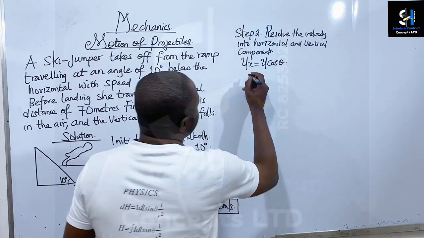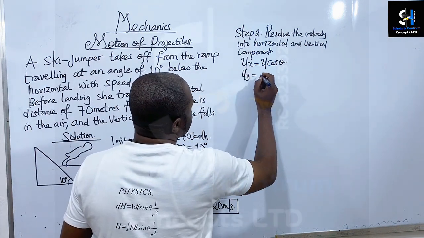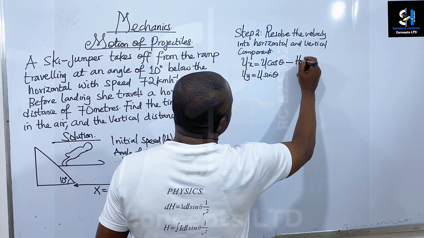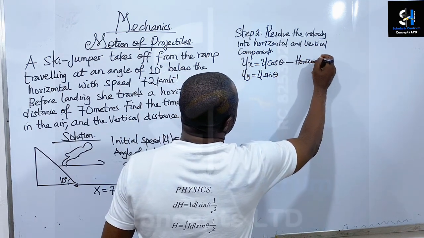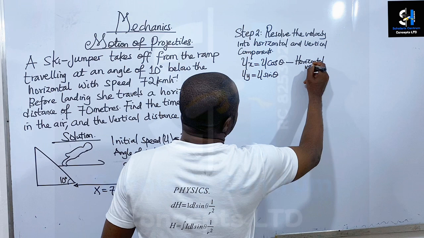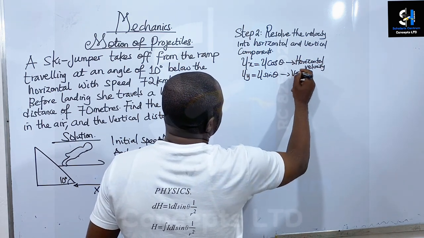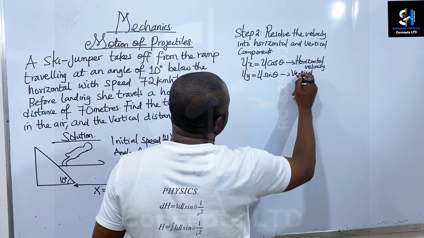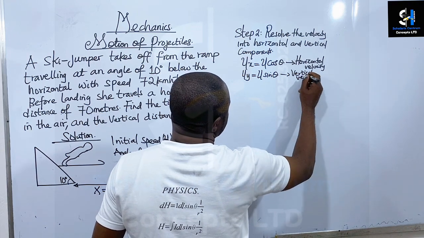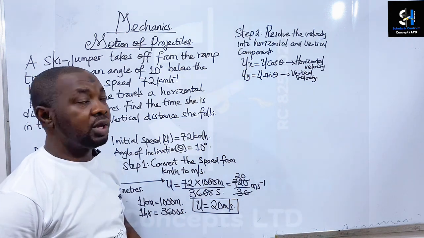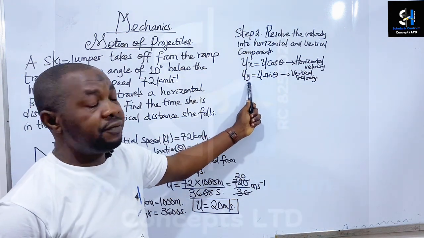For the vertical component, that will be u sine theta. So this is the horizontal component, or the horizontal velocity, while this is the vertical velocity. Now we know the formulas for horizontal and vertical velocity.